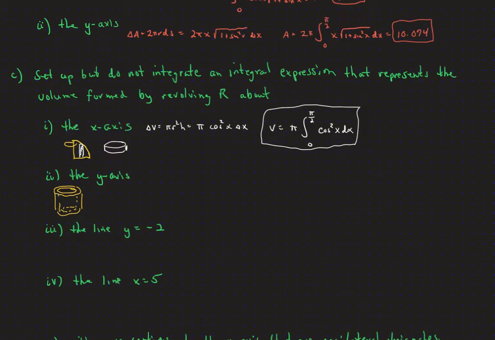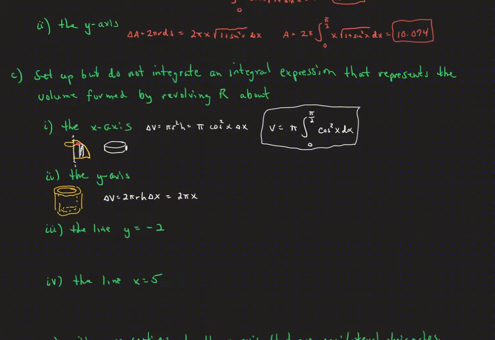So in this case, our delta volume is going to be 2 pi r h, and we still have a delta x. So we'll go 2 pi r, the radius, that distance that goes from the axis of revolution out to our rectangle, is going to be just an x.